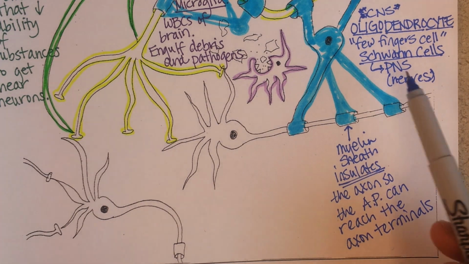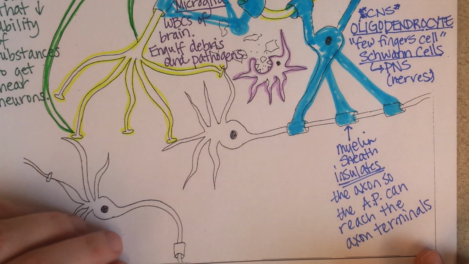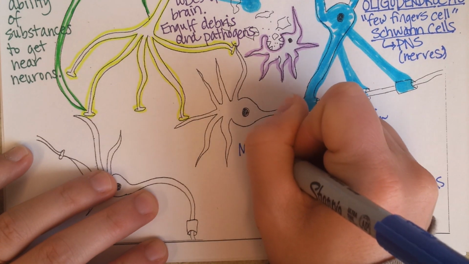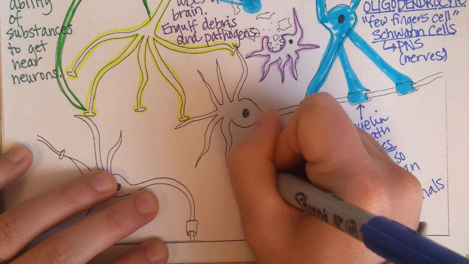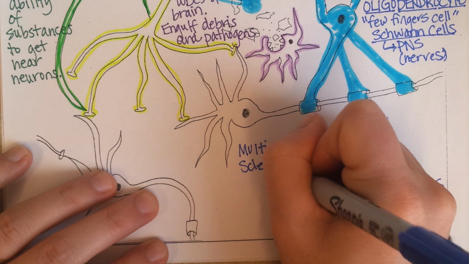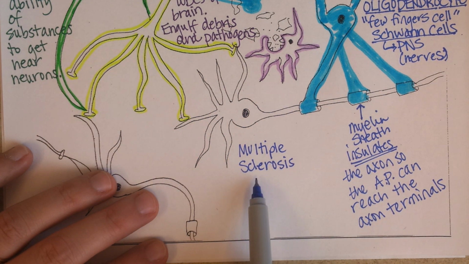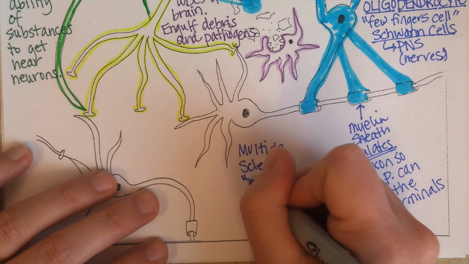Okay, so then there's a disease that you should definitely know about called multiple sclerosis. And what this actually means, sclerosis means a hardening.